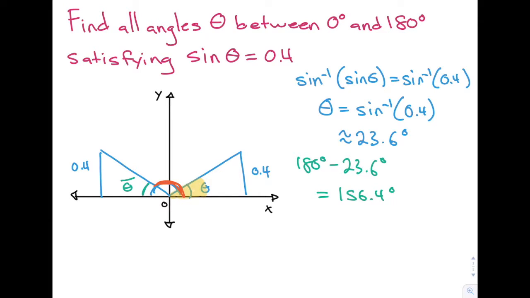So the two angles that satisfy the equation sine theta equals 0.4 are 23.6 degrees and 156.4 degrees, which makes sense based on our expectation from our image.